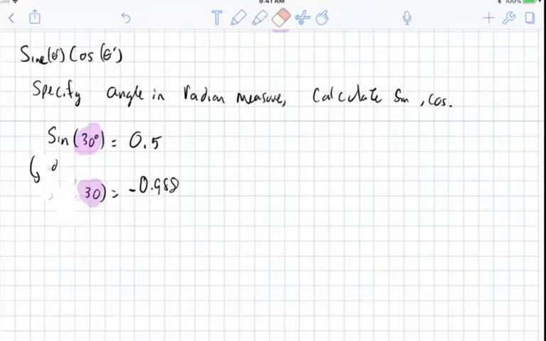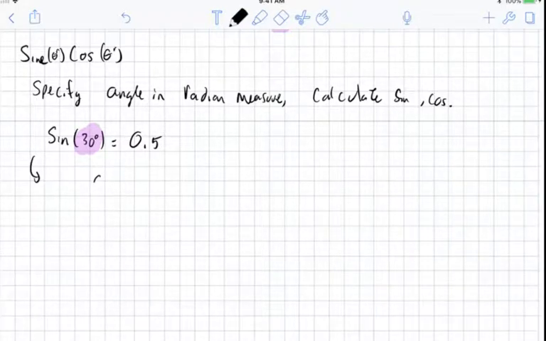So let's start by converting this into radian measure. If theta in degrees is 30 degrees, theta in radians is 30 over 360 times 2 pi.